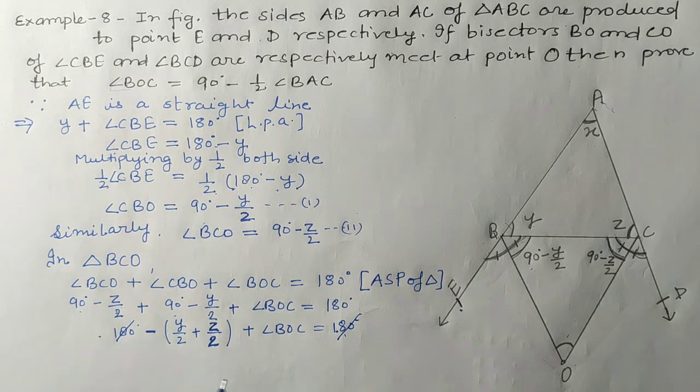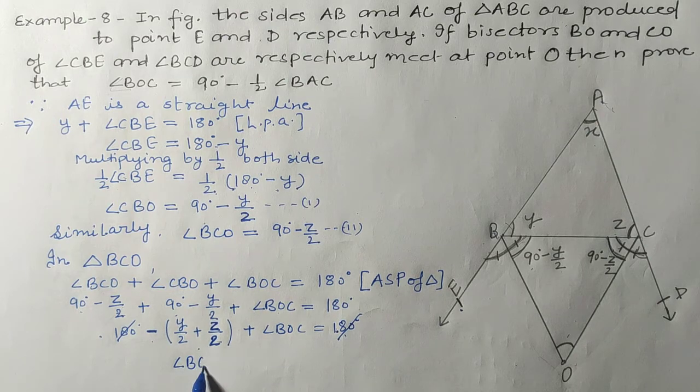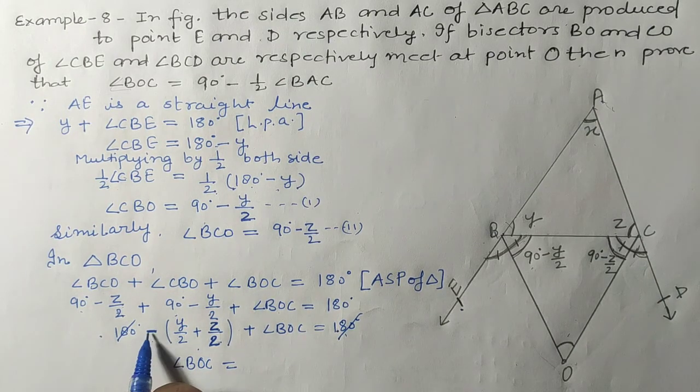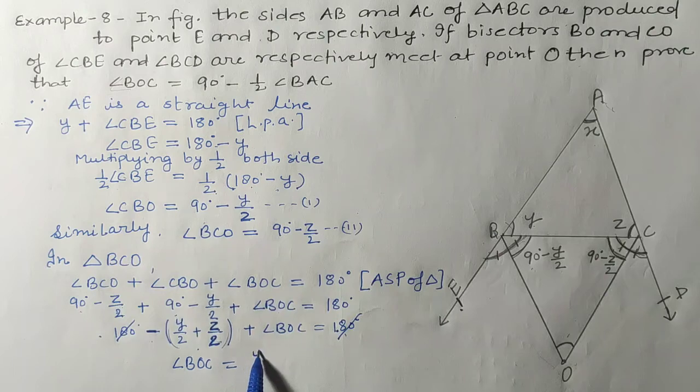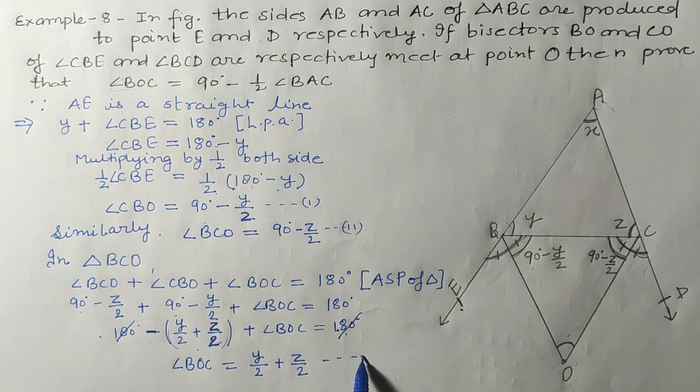If we shift this whole term to the right-hand side, then angle BOC is equal to this whole term in brackets with a negative sign. When it goes to the right-hand side, the negative sign becomes positive, so y by 2 plus z by 2 will be equal to angle BOC. Suppose it is your equation number 3.